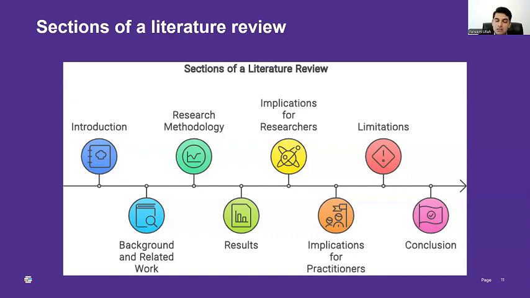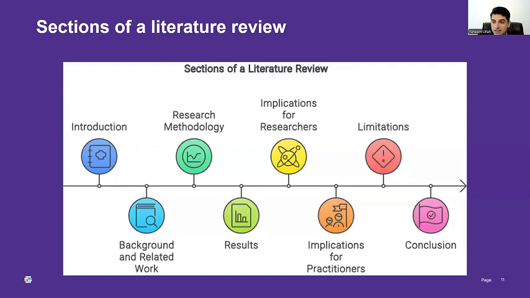Here, what I look for is how different or how close your research is with respect to other papers. In the related work section, you have to compare your literature review with the existing literature reviews on that topic, and draw a line: this is what was missing in those literature reviews, and this gap is filled by my literature review.